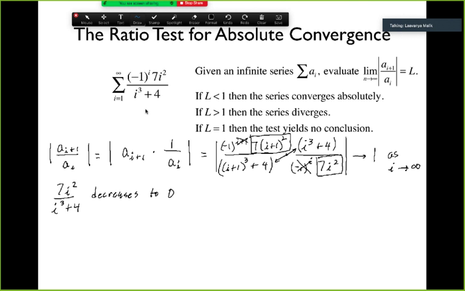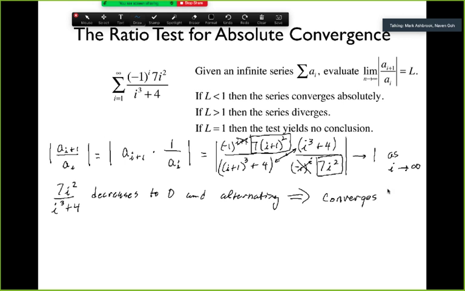No, the sequence will be converging to 0. The sequence decreases to 0, and it's alternating, therefore, the series can converge. All right, we just got to get to convergence first.